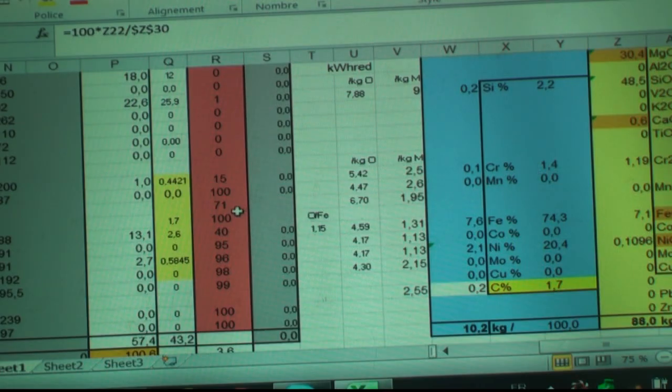And then this indicates whether the partition coefficient, the proportion of nickel and chromium in slag versus chromium in metal, is then very high. But this is using literature.